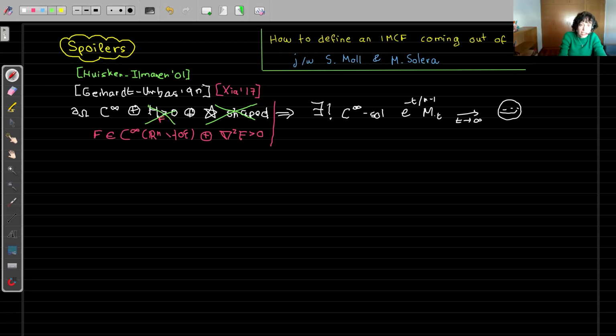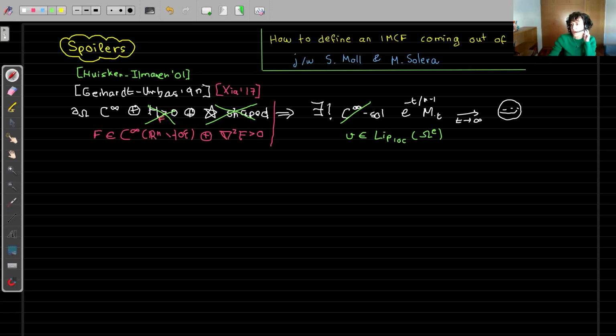You don't need that any more, only mean convexity, but obviously you sacrifice the smoothness of the solutions, and what you get is a function B which is locally Lipschitz in this exterior of Ω. That's the result of Huisken and Ilmanen, so that you can grasp an idea of the nature of this flow.